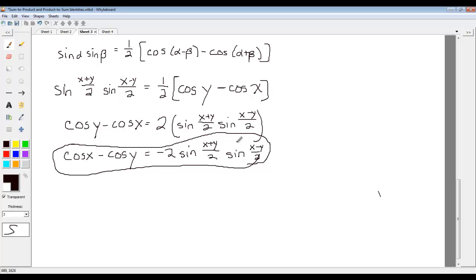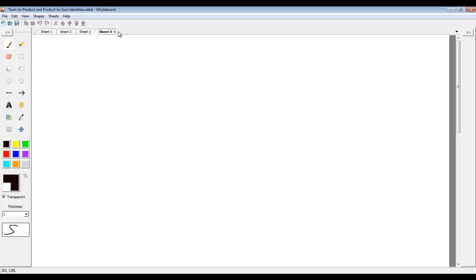Okay, so how might you use one of those? Well, you might be given something like sine of 7x plus sine of 3x. You might be asked to rewrite that as a product instead of a sum.